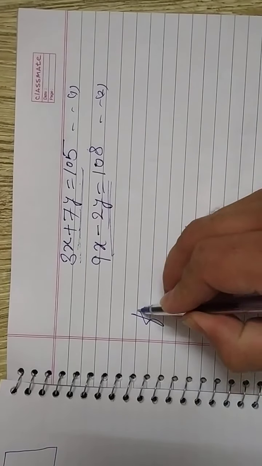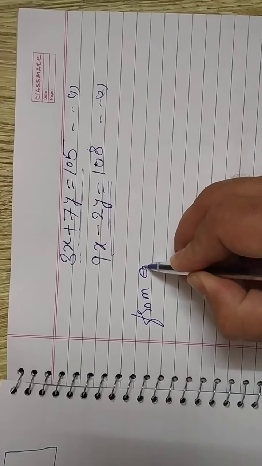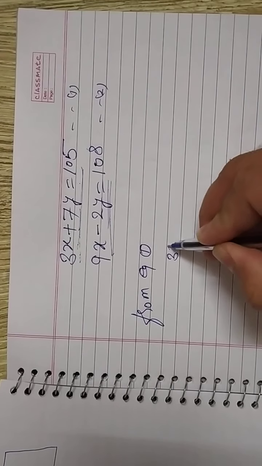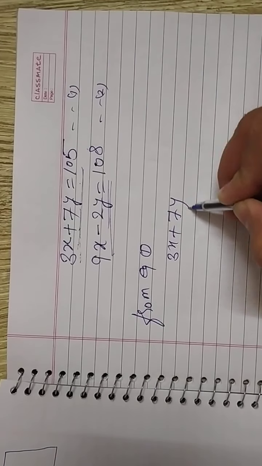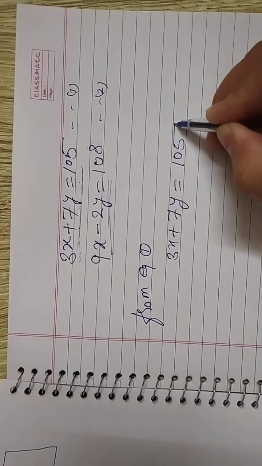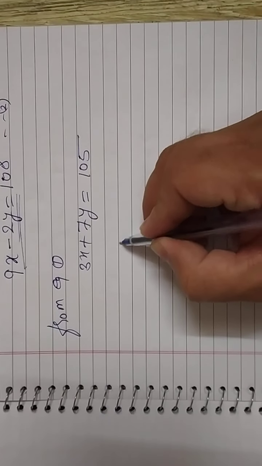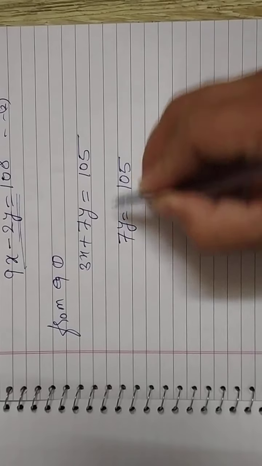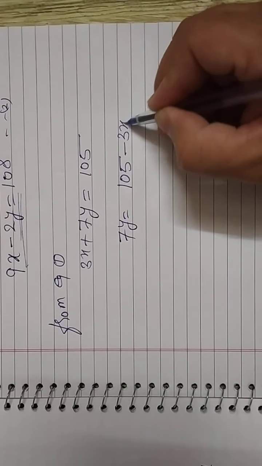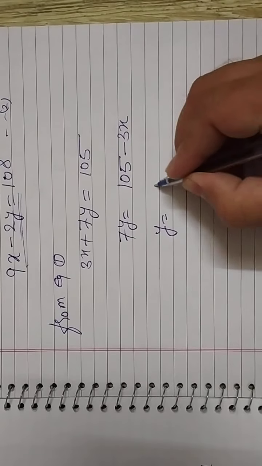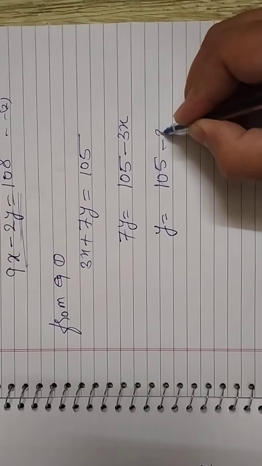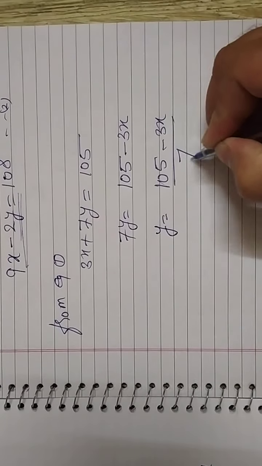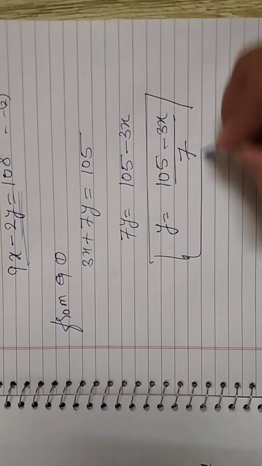So I am taking equation 1: 3x plus 7y equals 105. So 7y will be the same here, 105 the same. I am sending 3x this side. So y equals (105 minus 3x) divided by 7. So this is equation number 3.